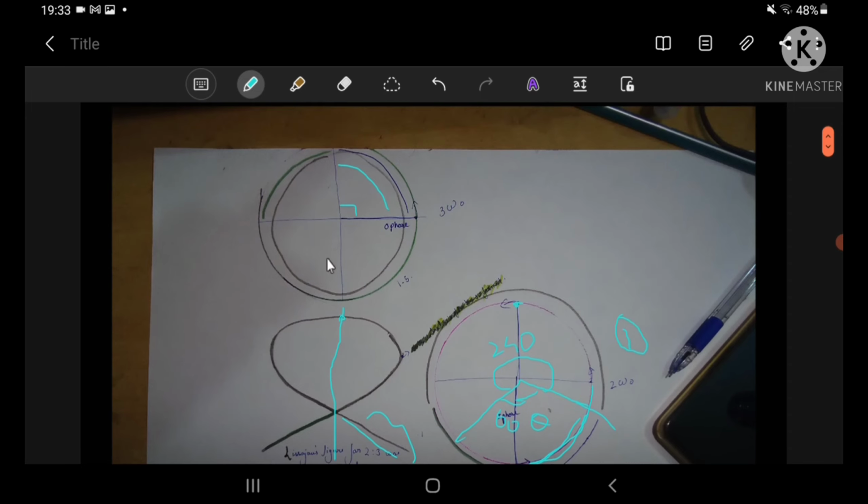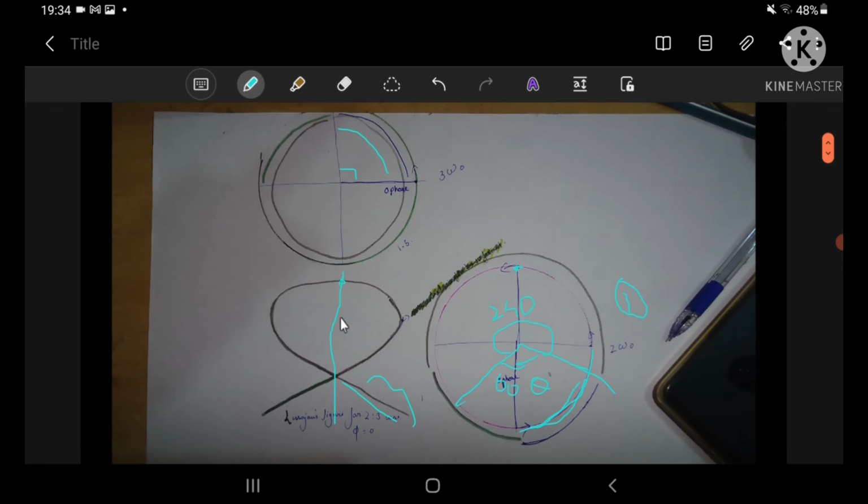Now let's see how many rotations this arrow needs to perform to form this figure. If you again start from here, you need to go from the right extreme to the left extreme, which will be somewhere right here. For that you need to move from this point to this point, which is 180 degrees.